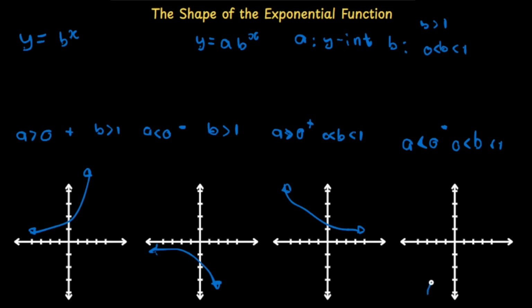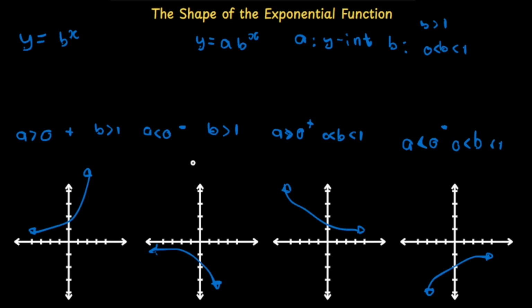That would mean that the function would take a shape that looks like this. The function would start off with low y values, and as it progresses towards the right, its y values would increase. So that's just what it is in a nutshell. That's how we would look at shape for the exponential function.